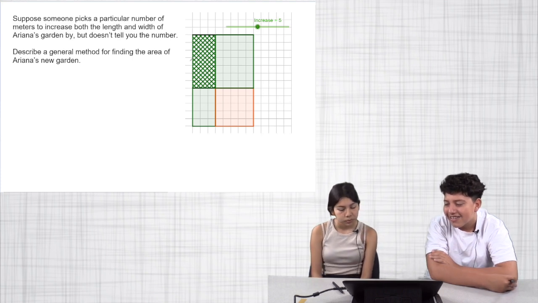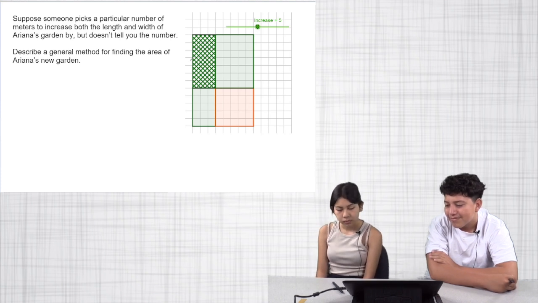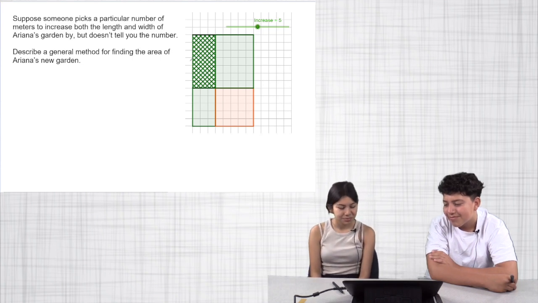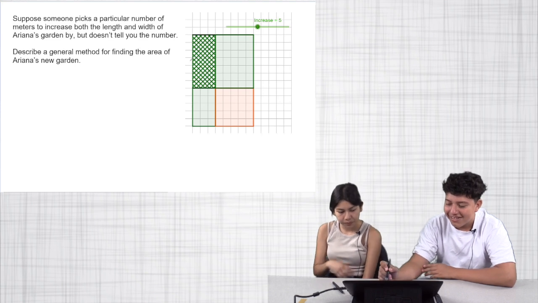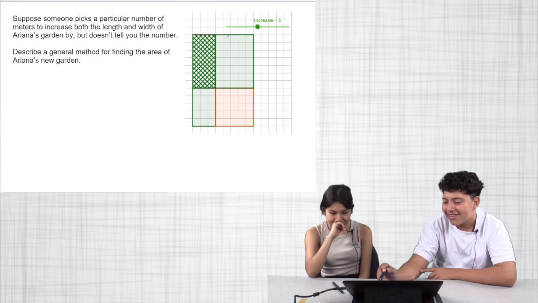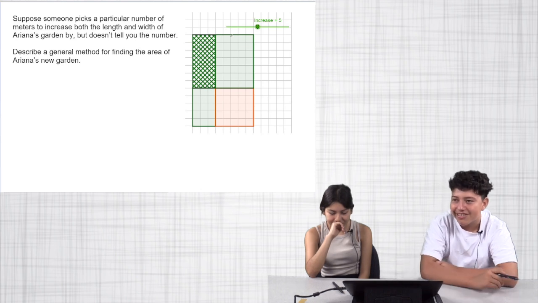How would you find the area of the new garden? Like, for example, add the lengths together and add the widths together and then multiply them together.